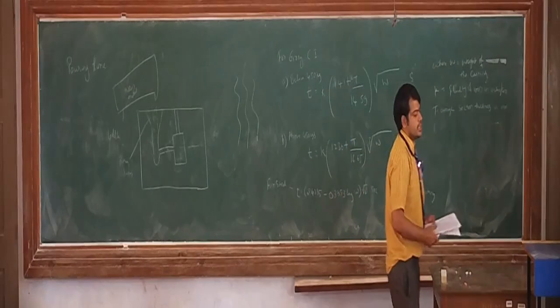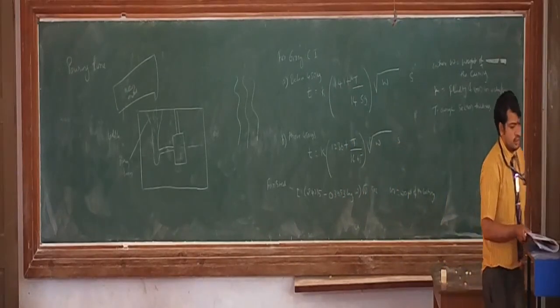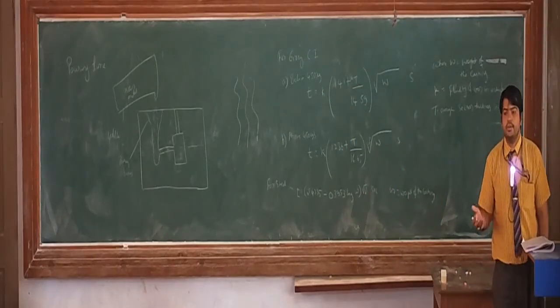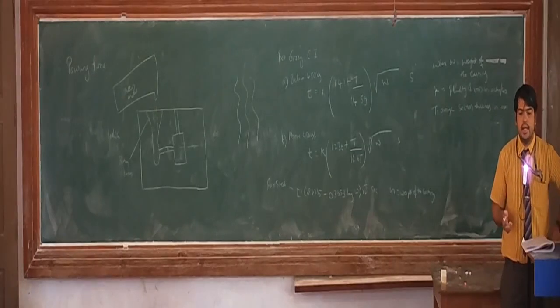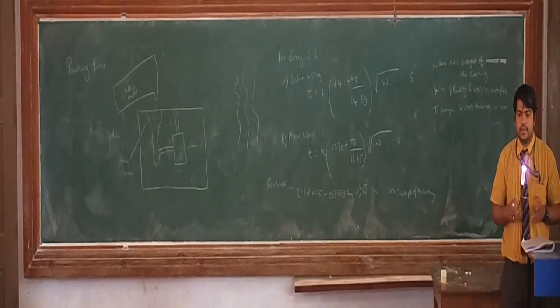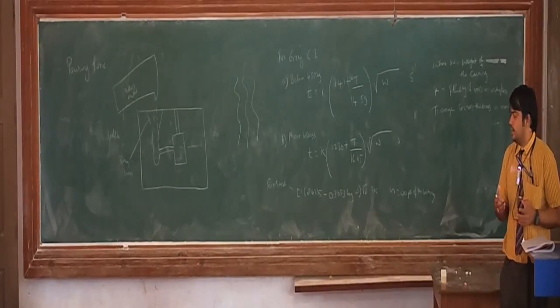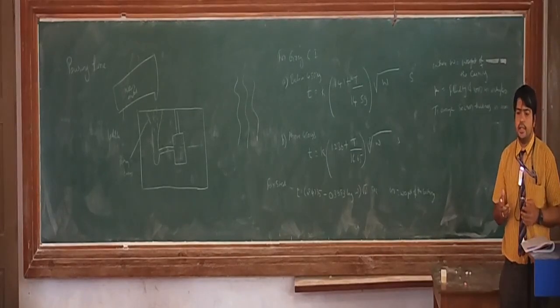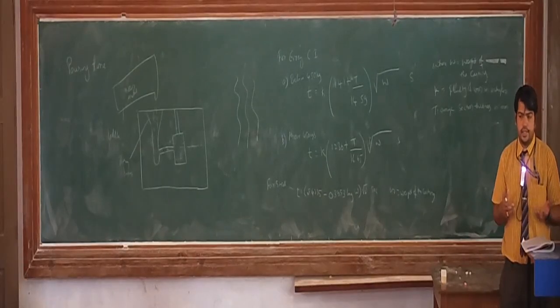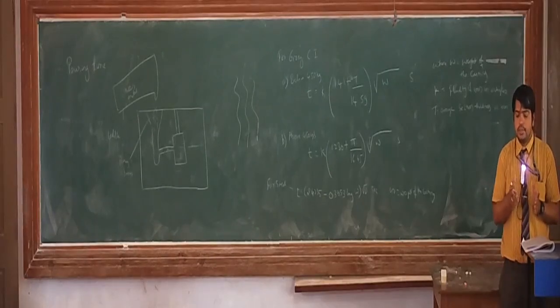As I explained in the earlier classes, metals have their own composition, and generally steel and iron differ in the amount of carbon content. So depending upon the carbon content, we provide different allowances. Generally steel shrinks more, whereas cast iron tries to expand when it solidifies, because carbon transforms into graphite.